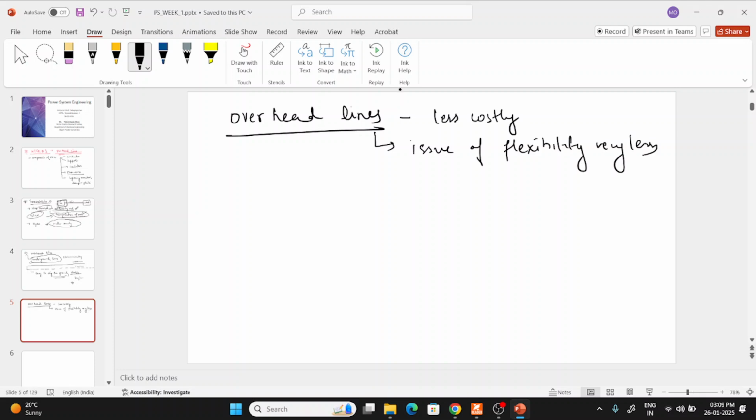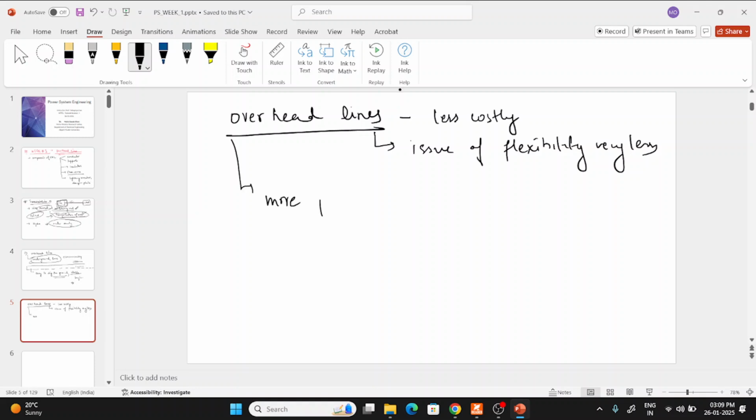Like in underground, we don't have so much flexibility. So that's why the overhead lines are the more preferred choice of transmitting the power.